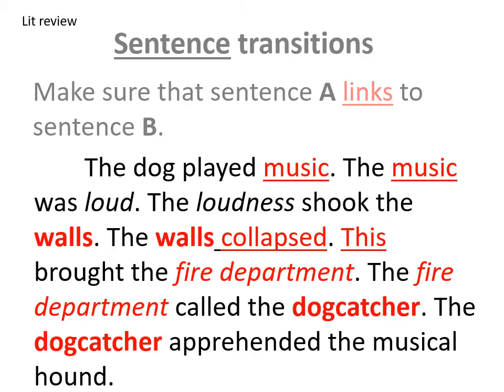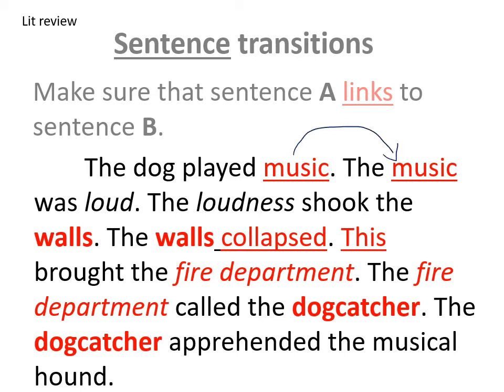Here is an example that isn't particularly scholarly, but might be useful because it's such a dorky, silly example. We have here that the dog played music. The music was loud.